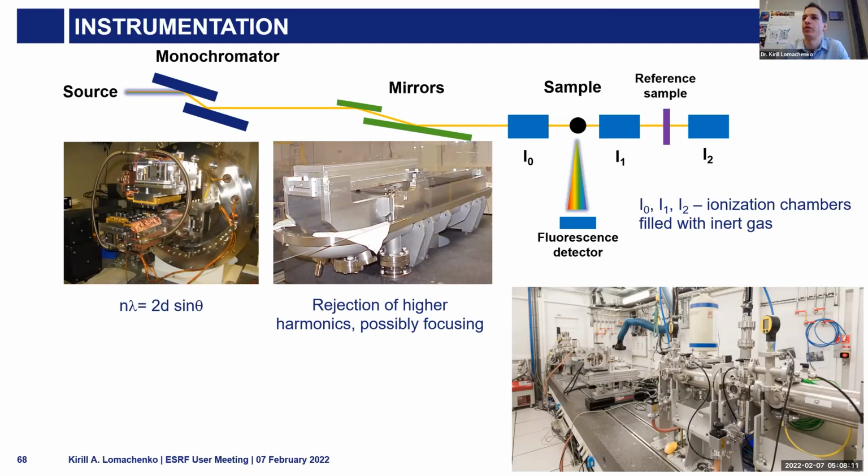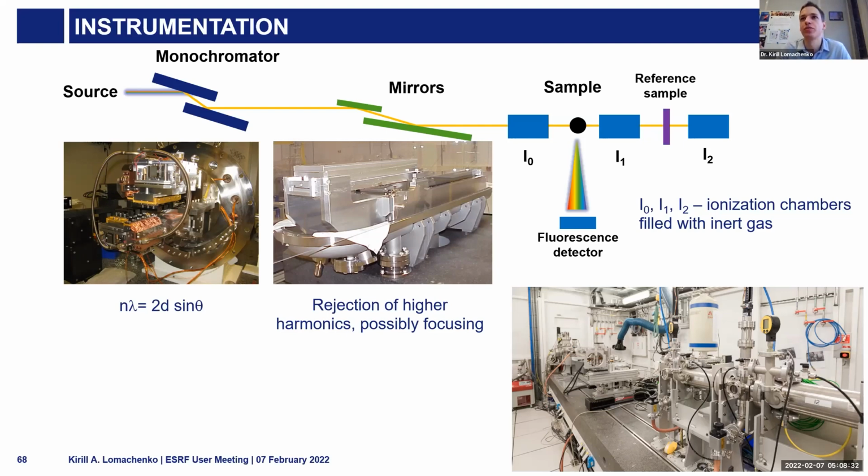Another way to measure the spectra is the so-called fluorescence mode, because when you absorb the X-ray photon, you create a core hole, right? You eject an electron and create a core hole. The core hole is filled by a transition from higher orbitals to this core hole. This transition is accompanied by a fluorescence of an X-ray photon. So you see an emission line.